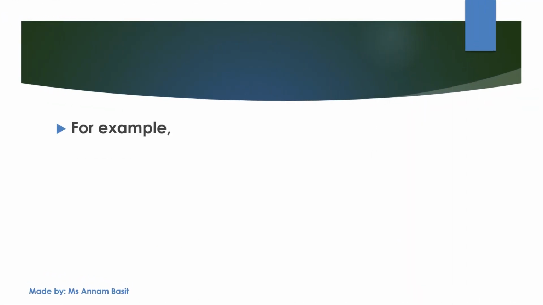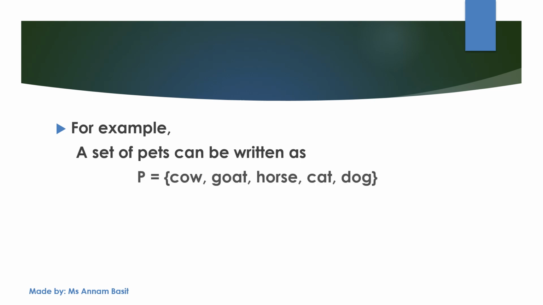For example, there is a set of pets. How are we going to write it? A set of pets can be written as P is equal to curly brackets open, cow, comma, goat, comma, horse, comma, cat, comma, dog, and curly brackets closed.